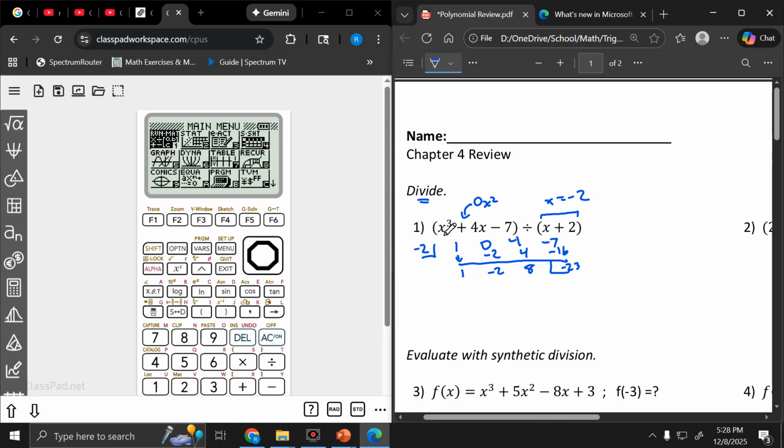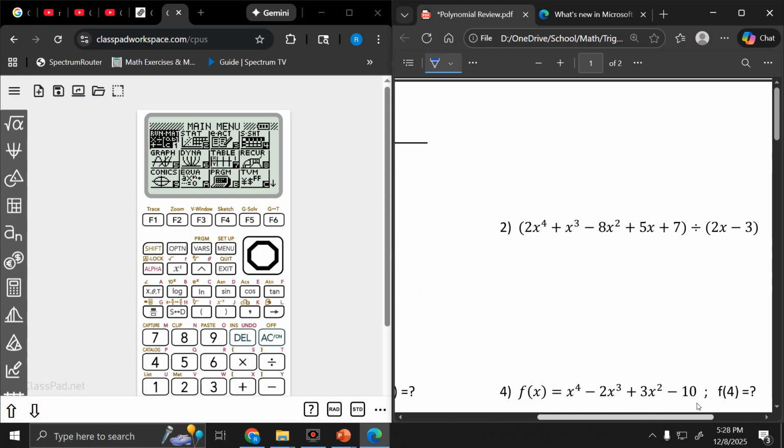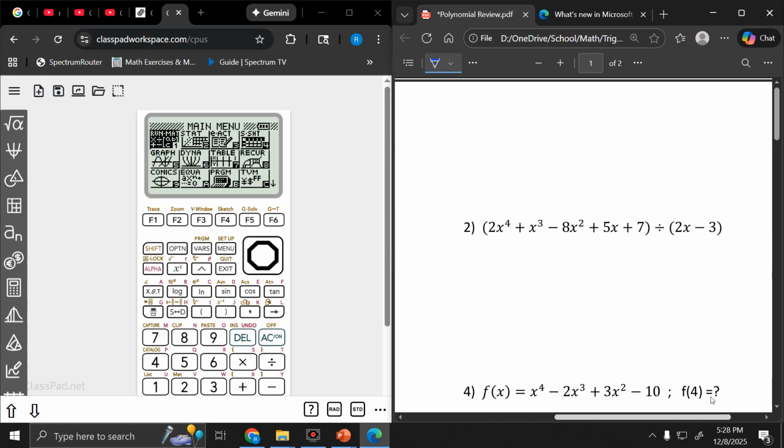I've divided one time, so x cubed is now x squared. So 1x squared minus 2x plus 8, and then our remainder minus 23, all over x plus 2. There is our solution. There is now a trick to number 2.